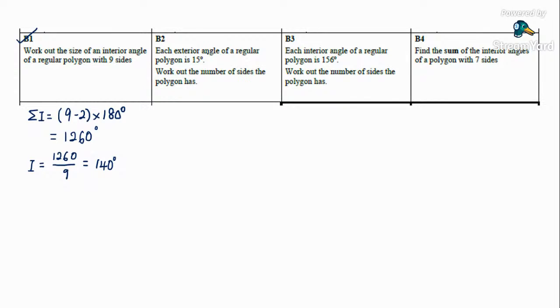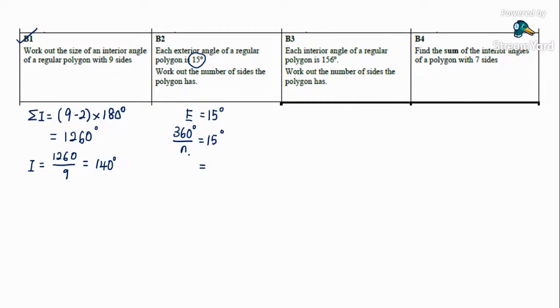Each exterior angle of a regular polygon is 15 degree. So now what I have is the exterior angle, which is 15 degree. Work out the number of sides the polygon has. I know that in order to find the exterior angle, I have a formula which is 360 divided by n equals 15 degree.